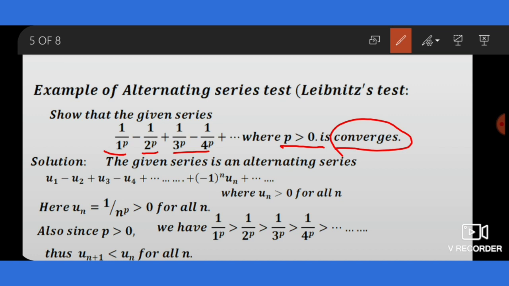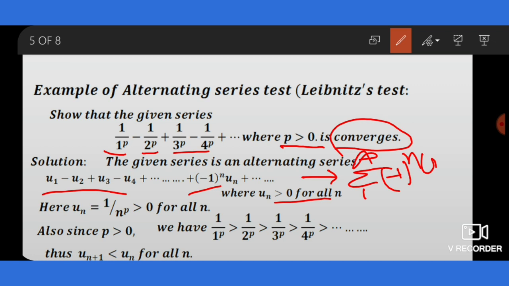The given series is an alternating series u1 minus u2 plus u3 and so on, (-1)^n un plus so on, where un is greater than 0 for all n. It can be written as summation 1 to infinity (-1)^n un.